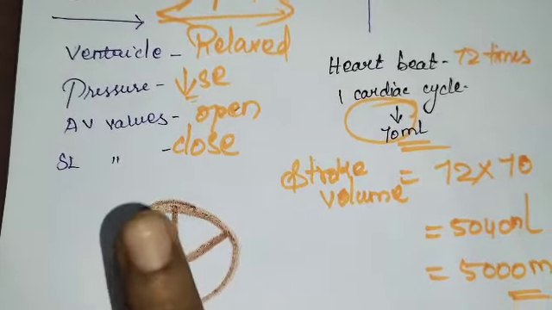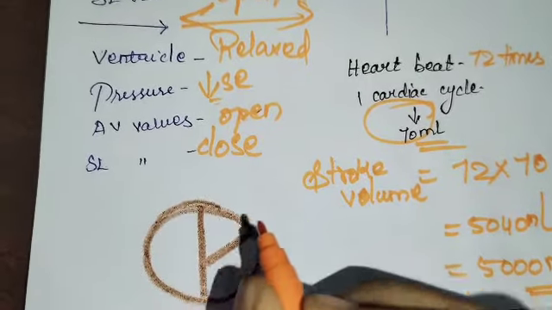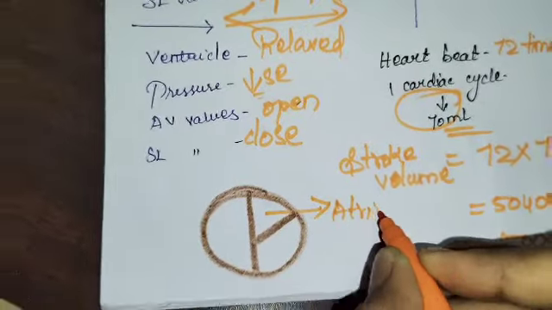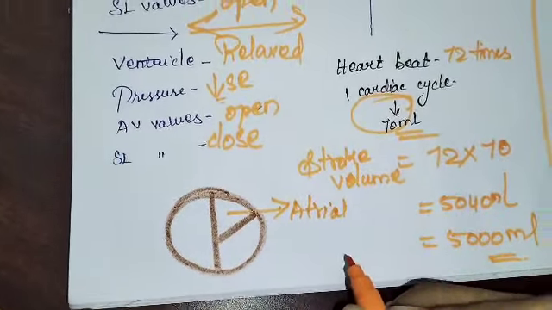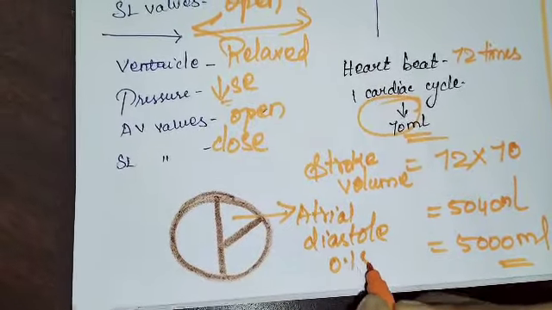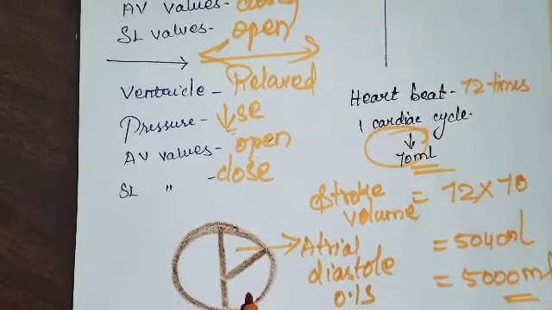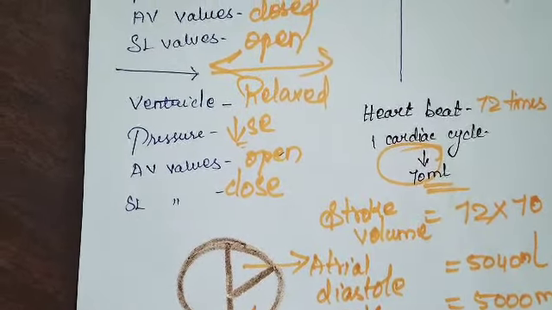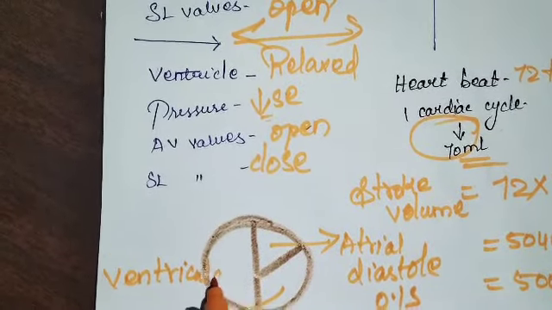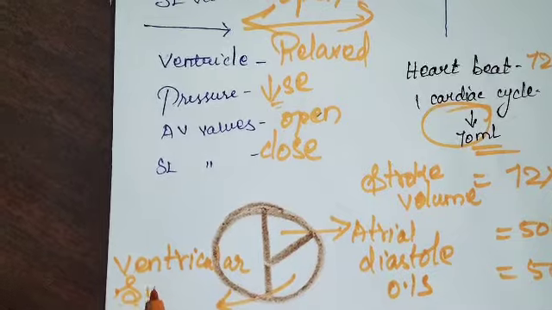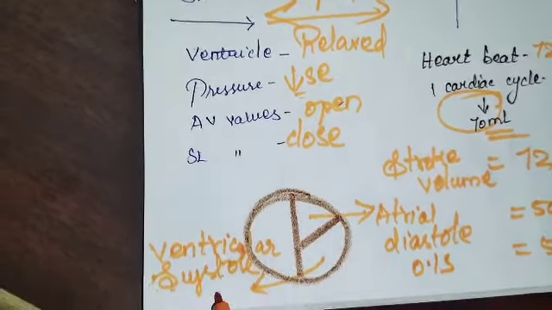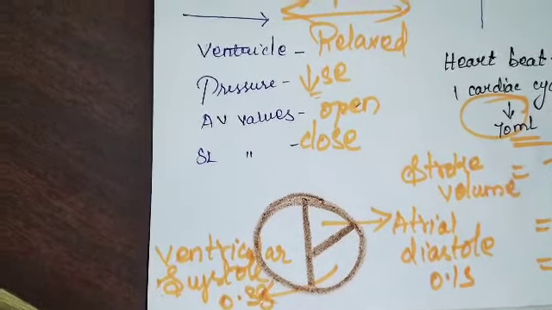Okay, we will see the time interval per cycle. I told joint atrial systole takes 0.1 seconds, and then ventricular systole. Ventricular systole means ventricular contraction. Joint ventricular contraction takes 0.3 seconds.